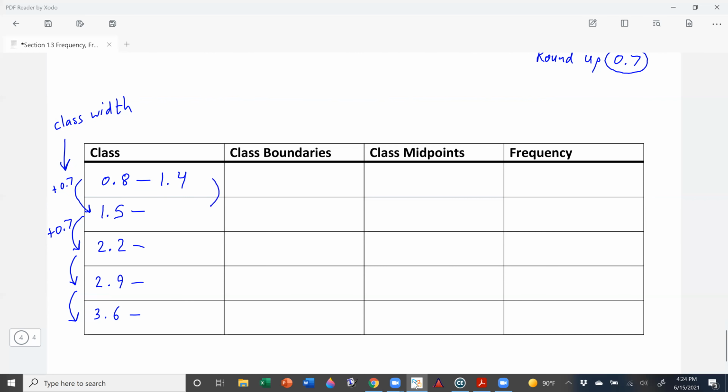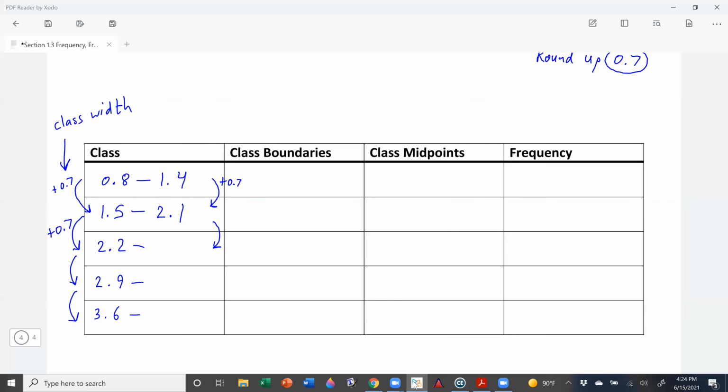But you can also do the same strategy of adding that class width, the 0.7, each time to the upper class limits. And that's going to still be the same value each time. So that's another way that you can think about it as well. So 1.4 plus the 0.7 means that this one ends at 2.1, which makes sense. That's right before I get to 2.2.